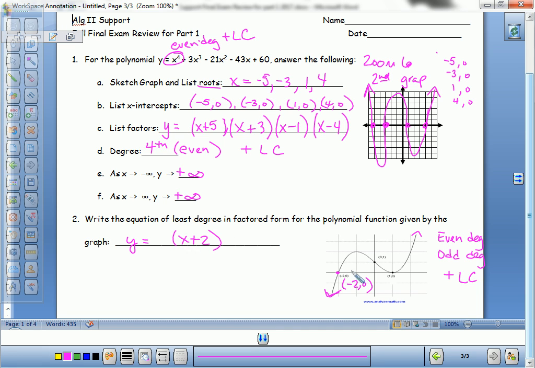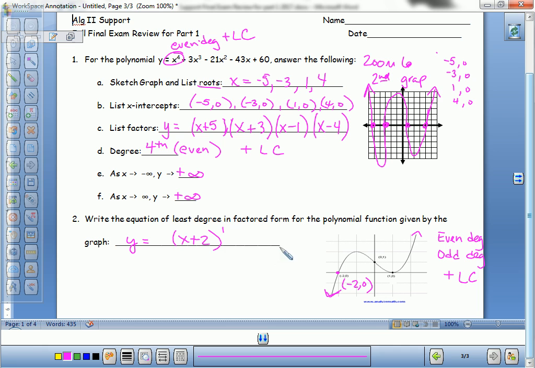Now it passes straight through. So what power is this? If it passes straight through, this is the first power. What if it passed through with a squiggle? Third. That would be the third power. What's the real math terminology for the squiggle though? What was that word? Inflection.